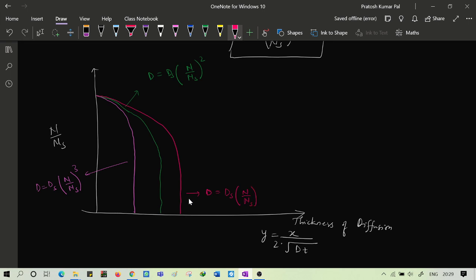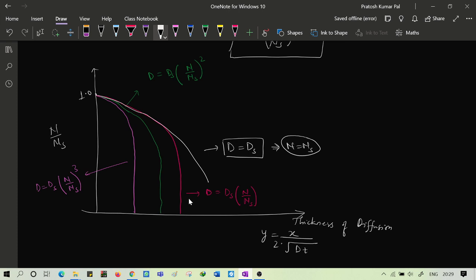So this is the relation, and if D is equal to Ds, then the relation comes out to be this. That means n is equal to ns, so this is when n by ns is equal to 1.